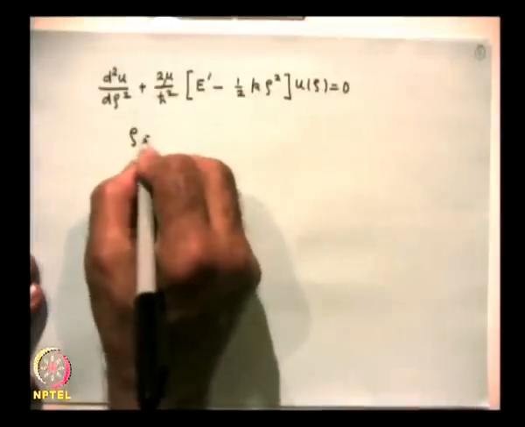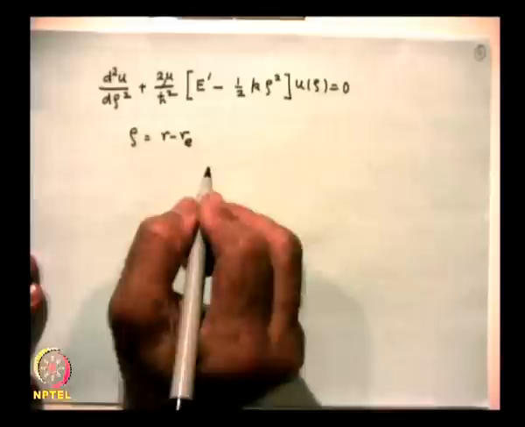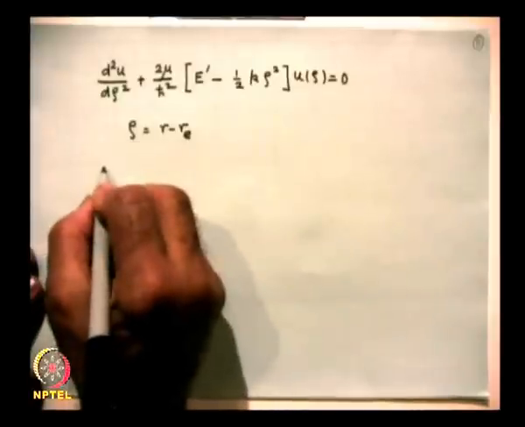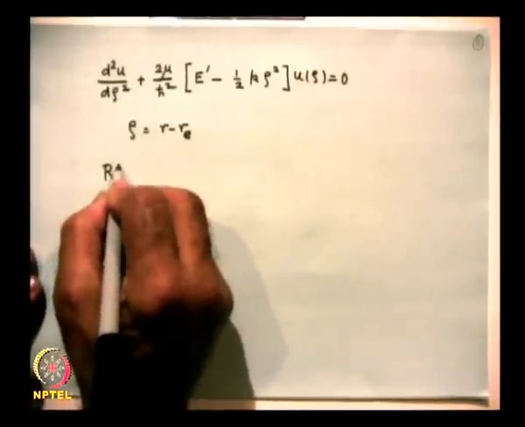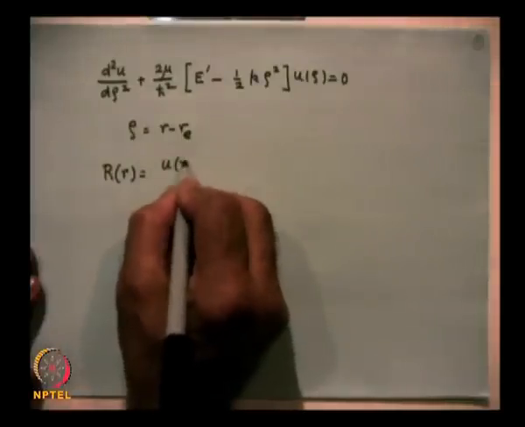So, rho is equal to r minus r e, and if you remember, the radial part of the wave function was given by R of r is equal to u of r by r.